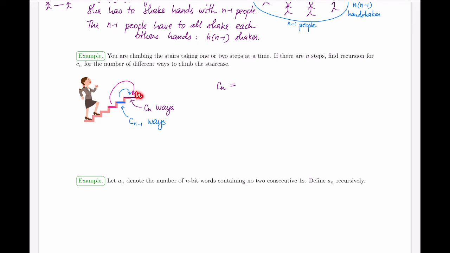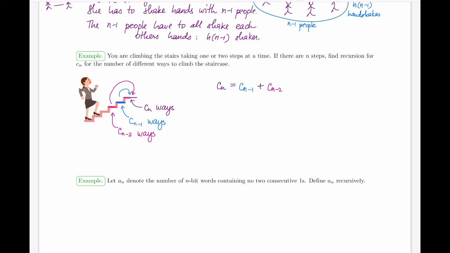Similarly, if this is stair n, then this is stair n minus 2, which means that there are altogether c sub n minus 2 ways for you to go from the bottom of the staircase to this particular stair that is 2 away from the top. So if I am to get to the top stair, I could have gotten there by first getting to the n minus first stair and then taking 1 step, or by getting to the n minus second stair and hopping over a 2-stair step. And that is my recursion.